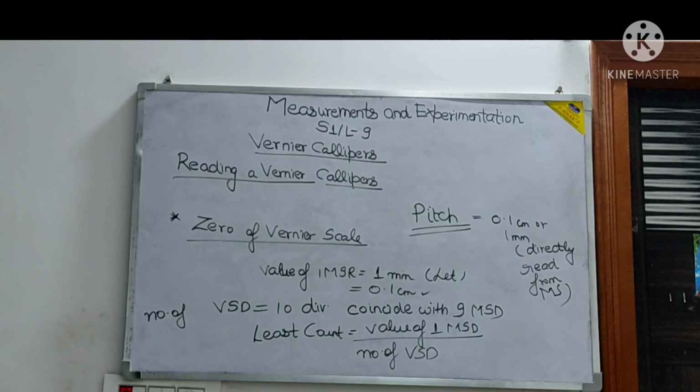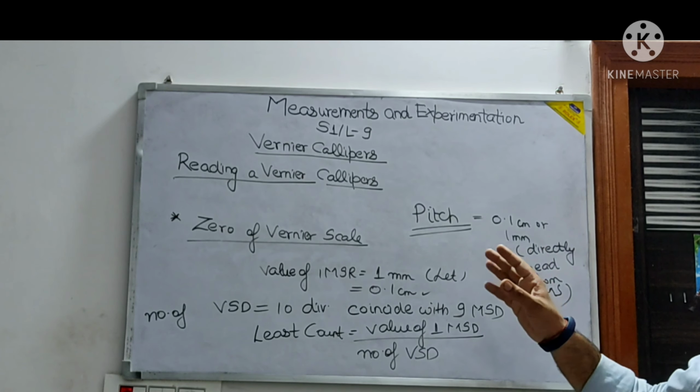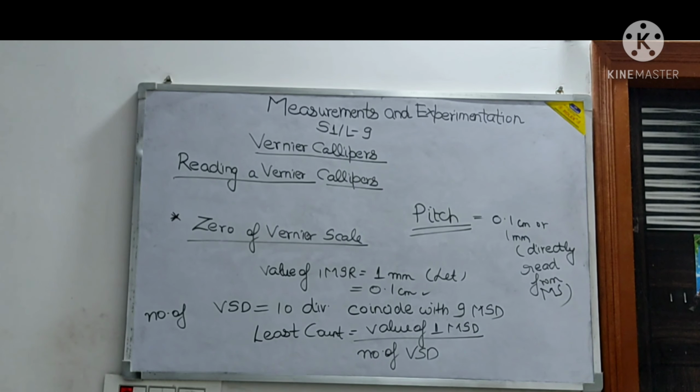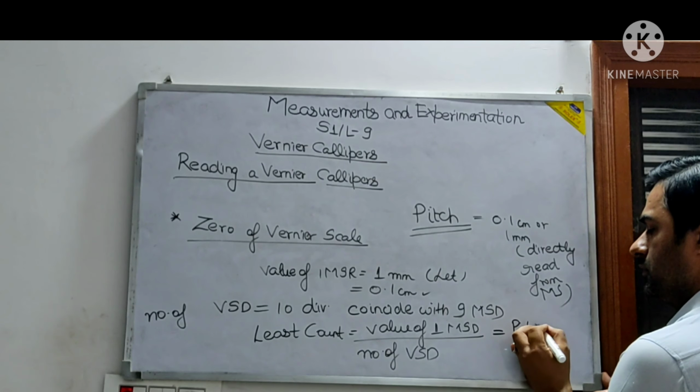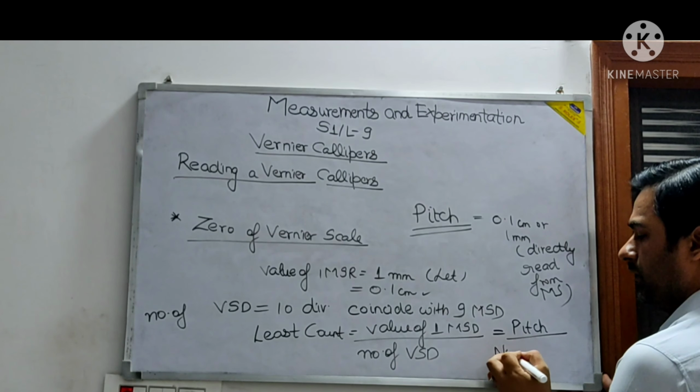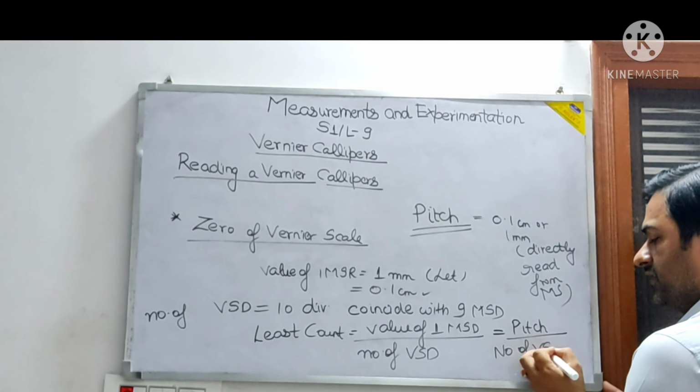I'll write the definition of pitch also; you will write it in your copy. It must be known to you what pitch is. It is the value that can be directly read from the main scale. That is why, for least count, one more formula is given: pitch upon the number of vernier scale divisions.